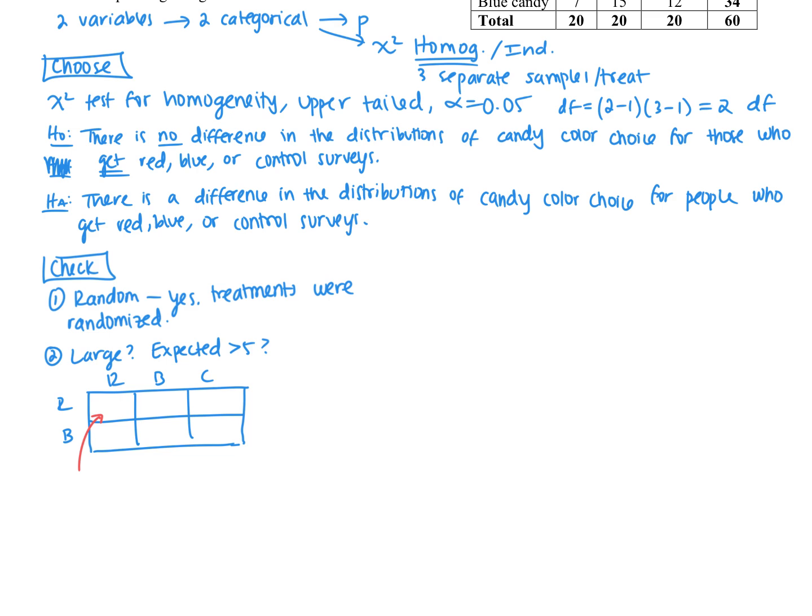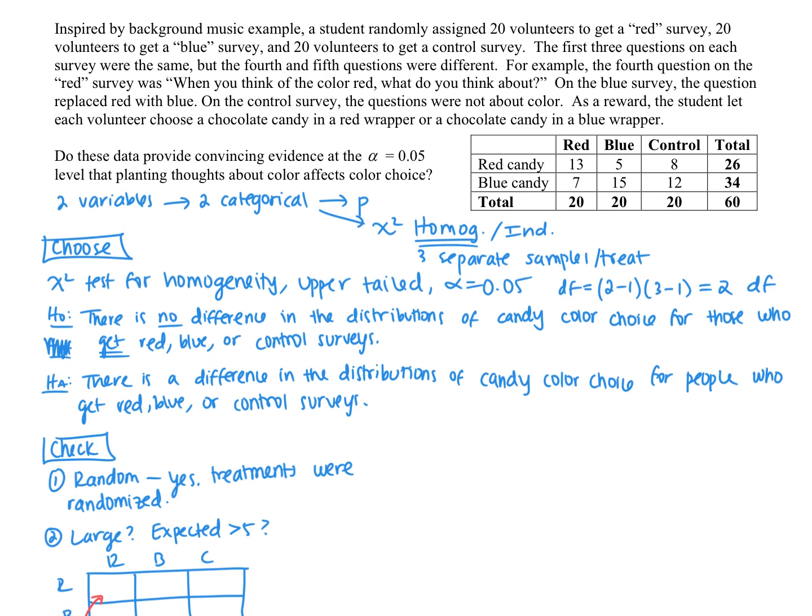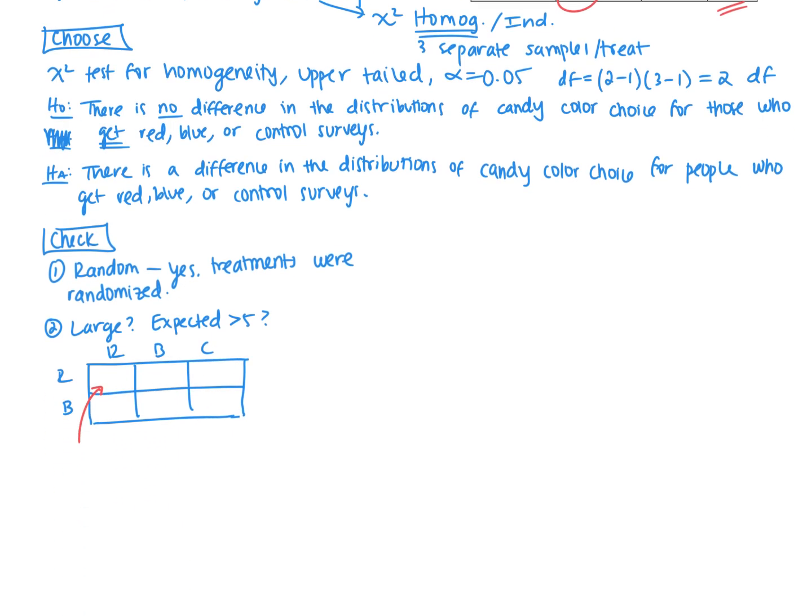Okay, to find that number, I'm going to go back to the table. You take the row total, so that's 26. You take the column total, which is 20, and you divide by the grand total, which is 60. So you take the row total, you multiply by the column total, and you divide by the grand total. So we're going to take 26, we multiply by 20, and we divide by 60. So that gives us 8.67.